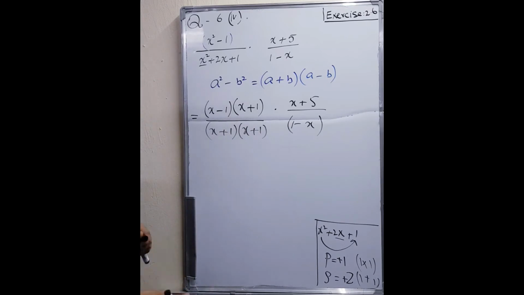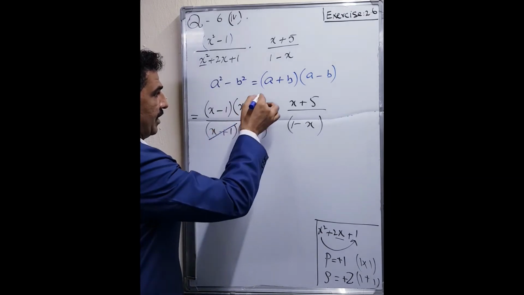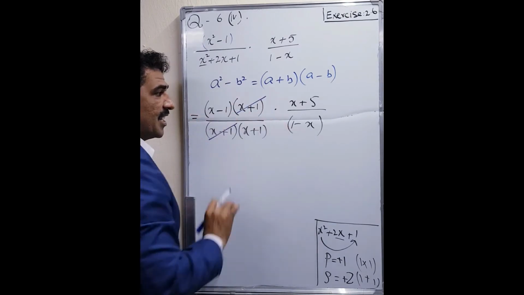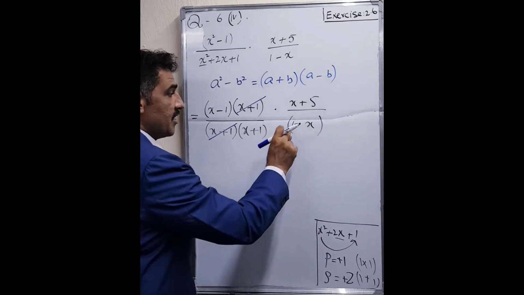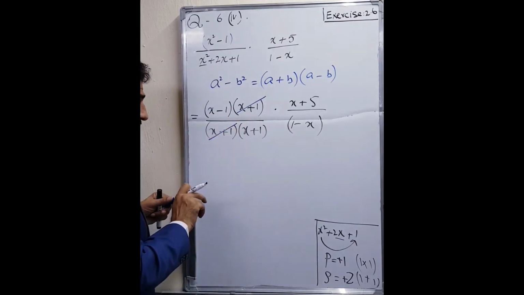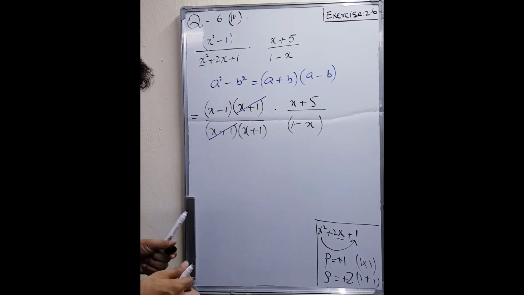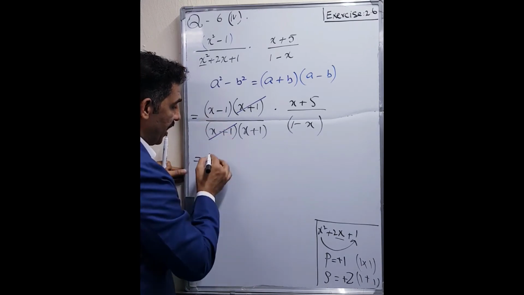After that we have to do the cancellation procedure. What is remaining? x plus 1 cancels with this x plus 1. Can this x minus 1 and 1 minus x be cancelled? No. Why? Because this is 1 minus x and this is x minus 1. Before cancellation we should have the same polynomial, so we take minus 1 common.